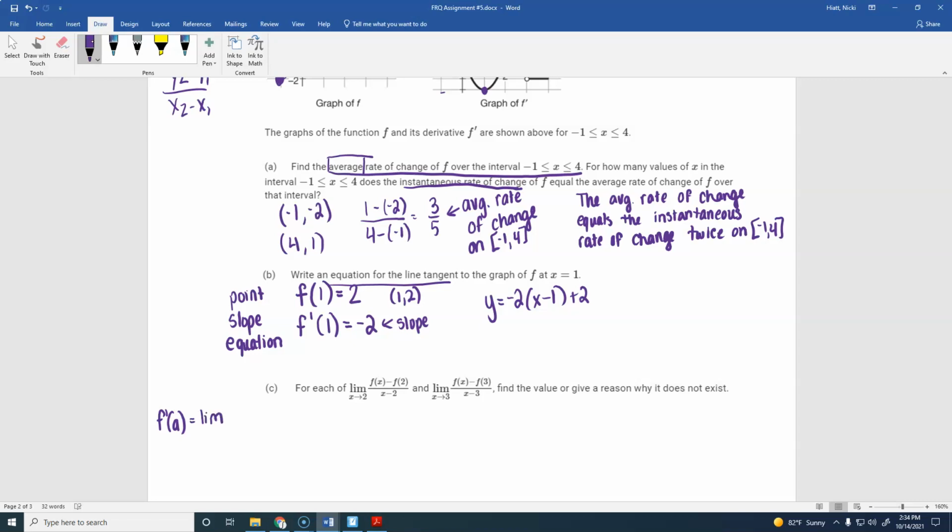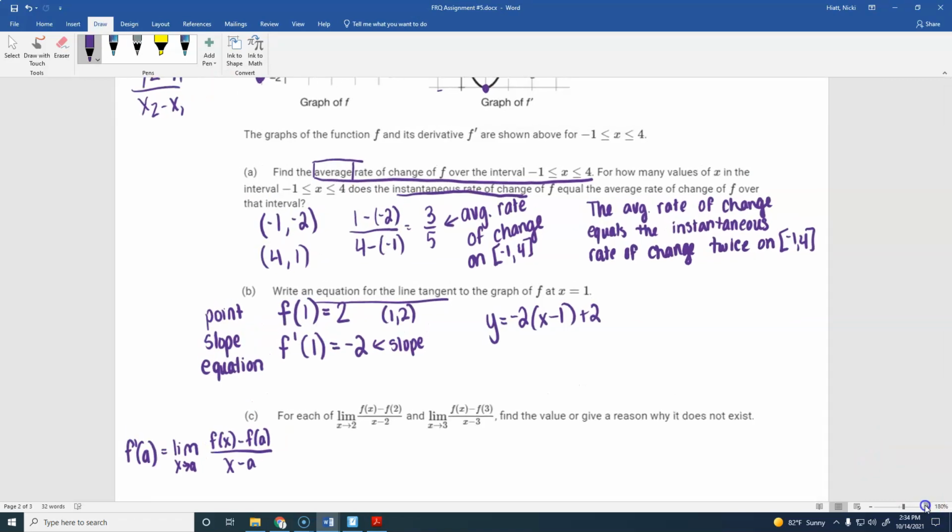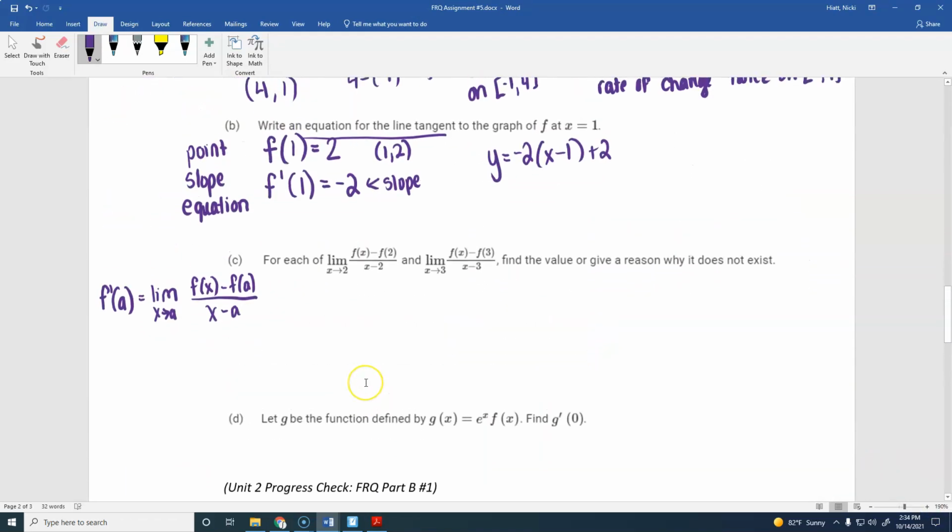And it is the limit as x approaches a of f of x minus f of a all over x minus a. I think it was the second piece of 2.2.